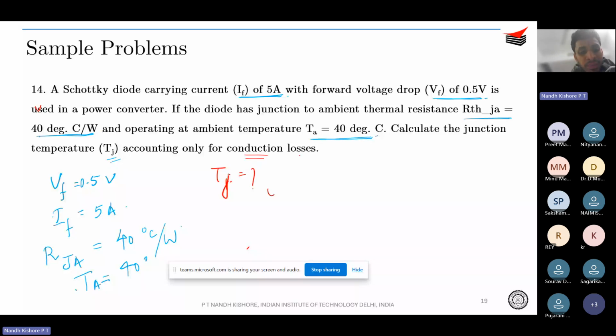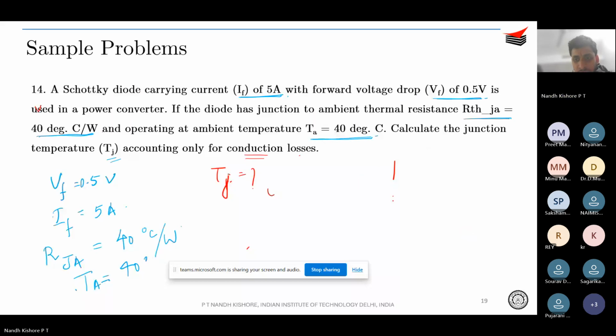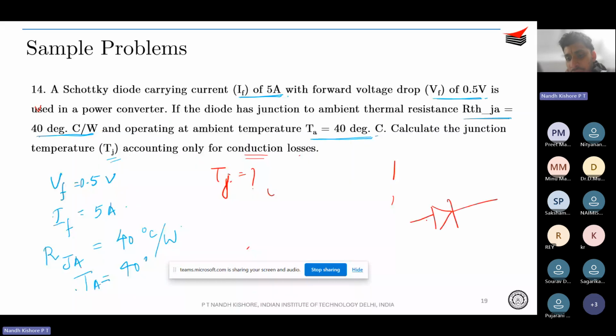So we discussed this earlier as well. How do you relate the thermal aspect with KVL? Let me go to this picture over here, right? You have a power loss component that is going to occur across the diode. This is the diode. It's being used in some circuit. We need not worry about the rest of the circuit.